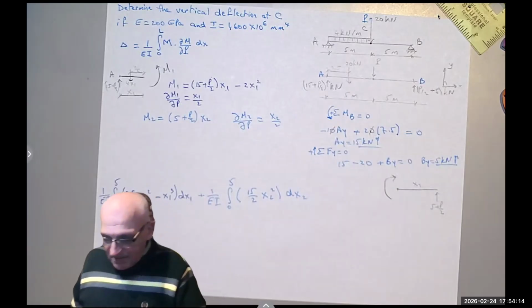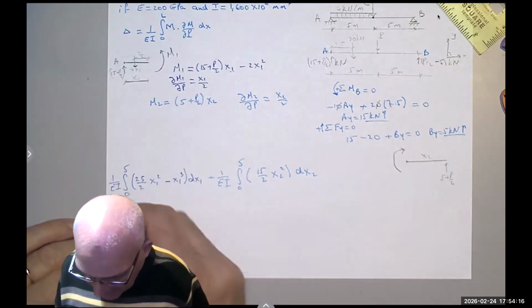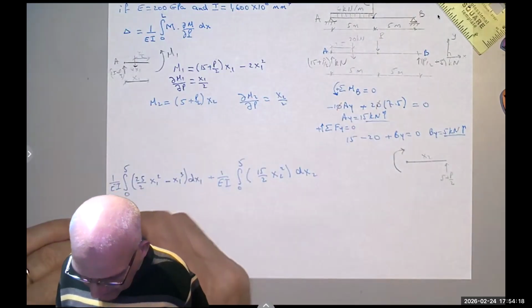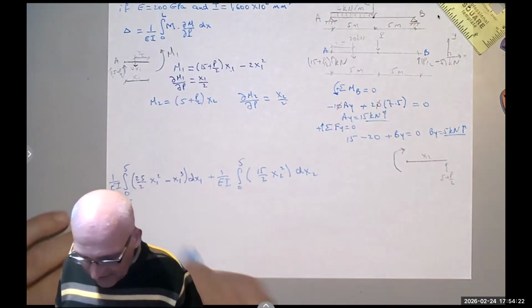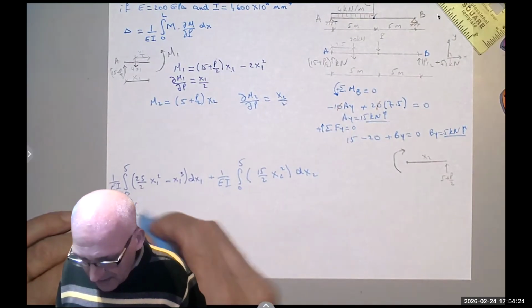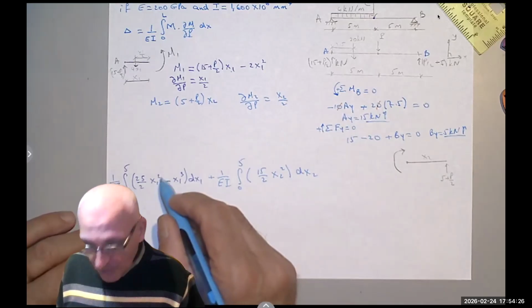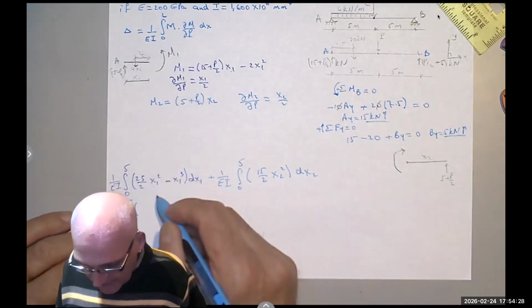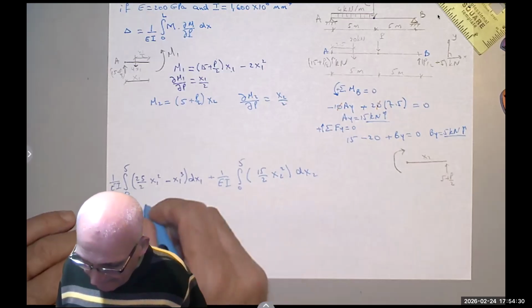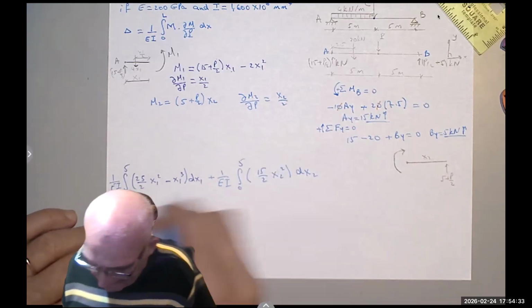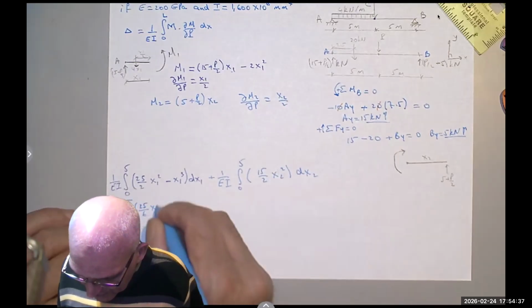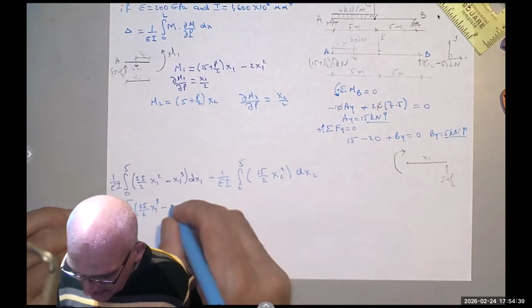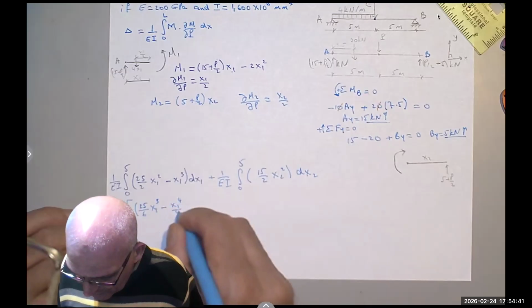The rest is easy. So I will have 1 over EI times, I can take this integral: x1 squared is x1 cubed over 3. So that would become 25 over 6 x1 cubed minus x1 to the 4 over 4.